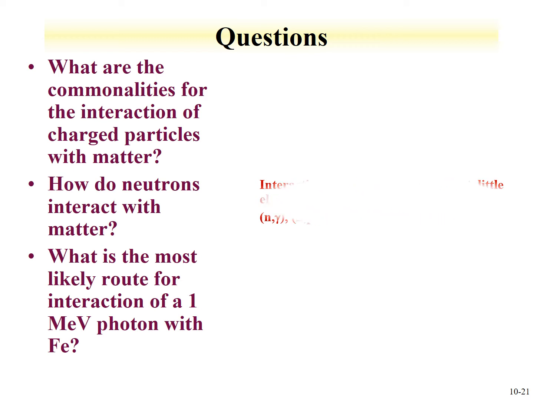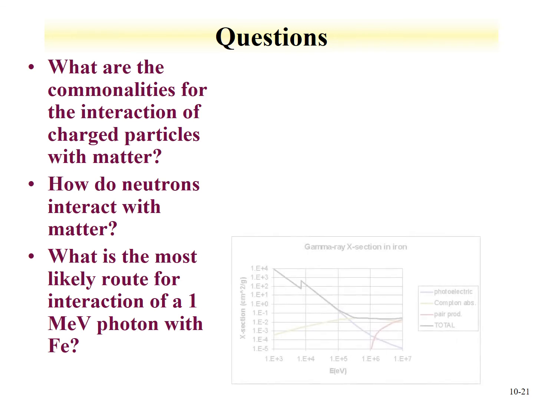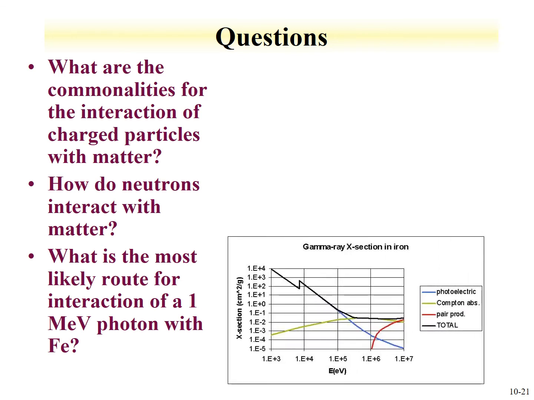Another question you should be able to evaluate: what's the most likely route for the interaction of a 1 MeV photon with iron? If you're given data that look like this, some sort of cross-section as a function of energy for different photon interactions, we know that there's the photoelectric effect, Compton effect, and pair production. Here's the total, the black line, and the blue, the photoelectric, is at lower energy.